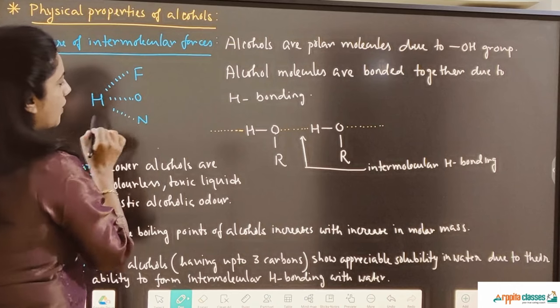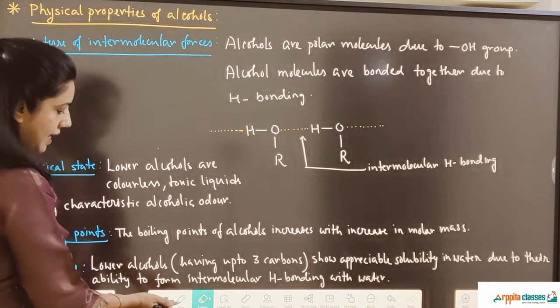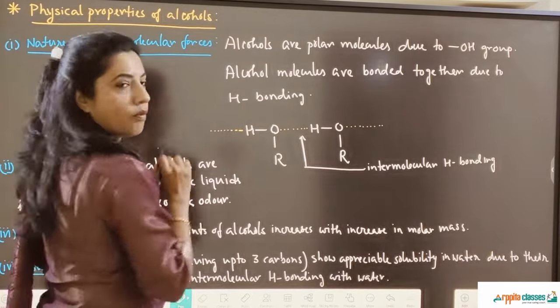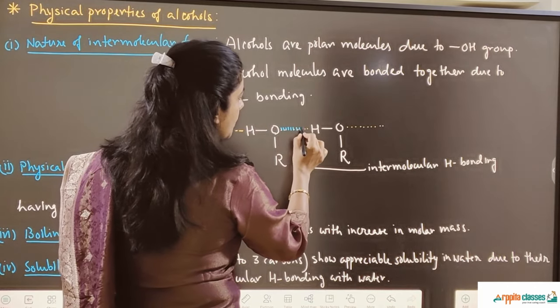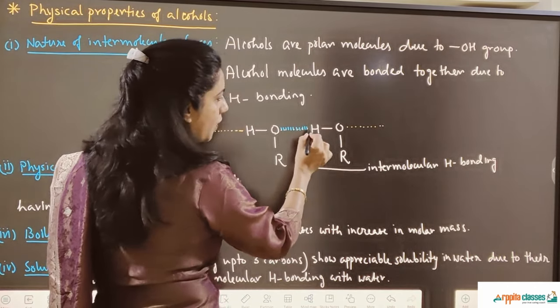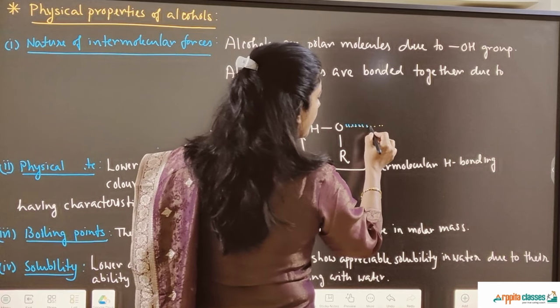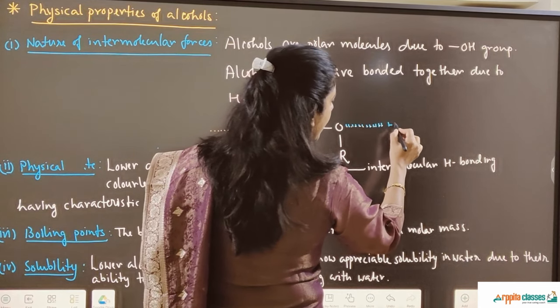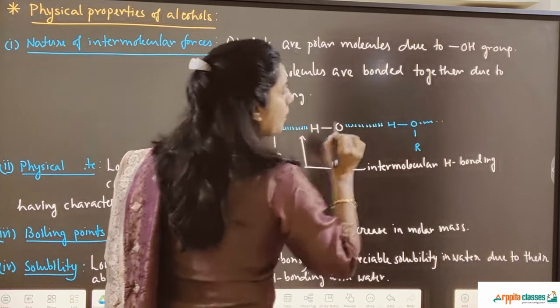In alcohol, this is one molecule of alcohol which has a hydrogen bond with another molecule of alcohol, ROH, which will have a hydrogen bond with another molecule of alcohol like this, HOR, and the same thing will keep on going.